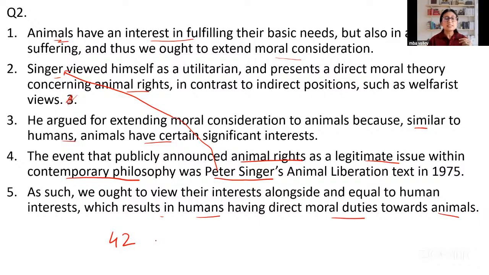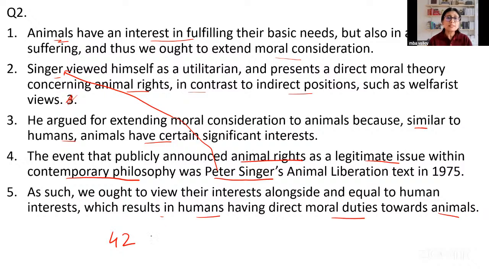So, what is sentence number 2 doing? Sentence number 2 expands on Singer's philosophy. It explains his utilitarian view and how it contrasts with other indirect moral views on animal rights. कहाँ लिखा है contrast? ये लिखा है in contrast to indirect positions such as welfarist views.